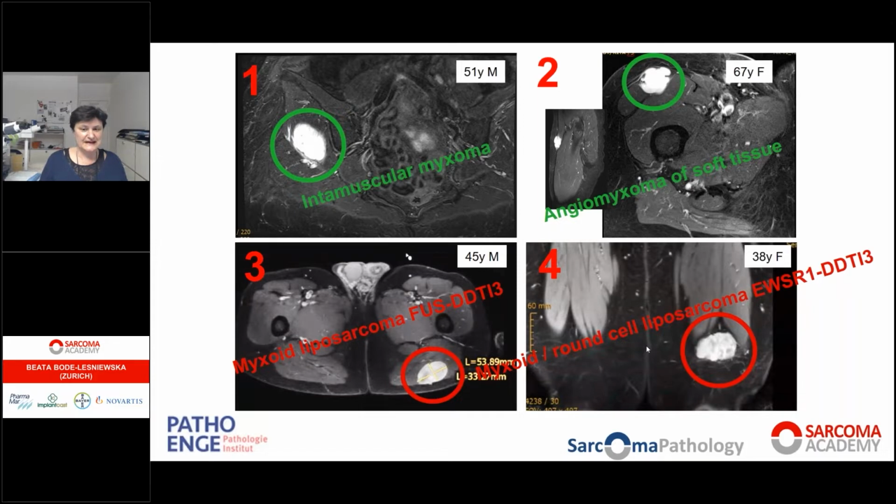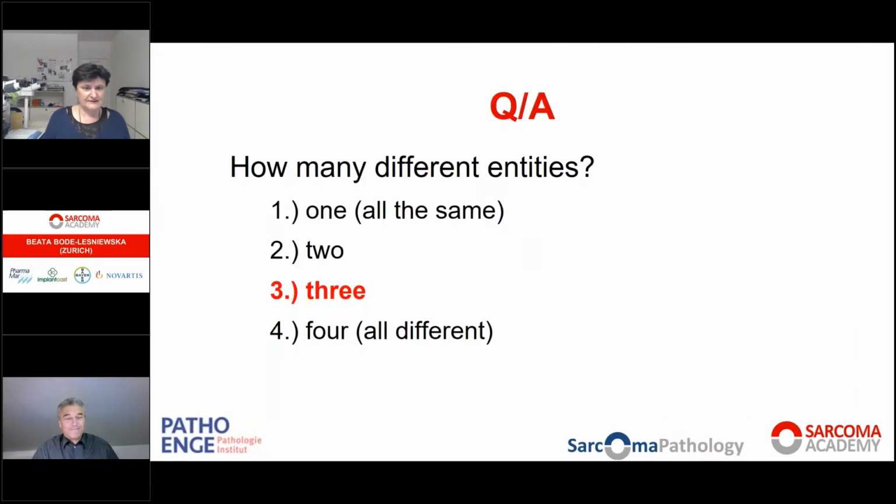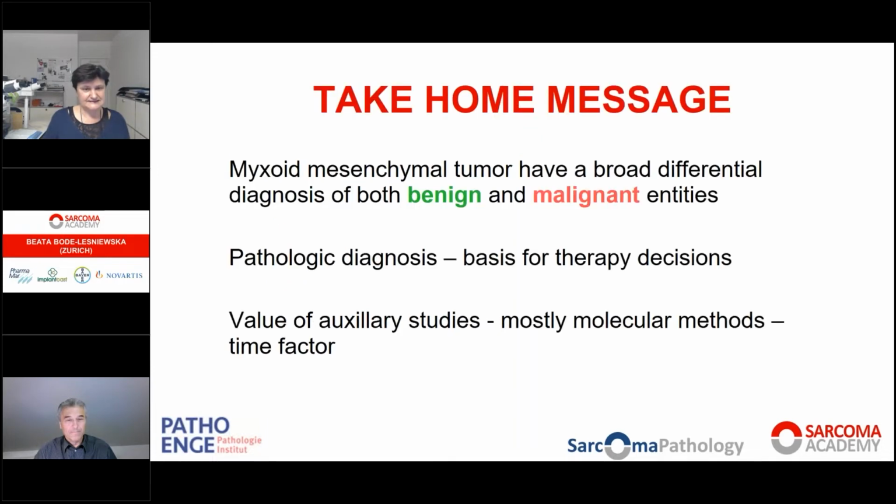Two are benign and should be taken care of by surgeons, and the other 2 are malignant with different malignancy grades, where local and systemic treatment may be discussed. So actually, solving our questions, these are 3 different entities, 2 benign and 1 malignant.